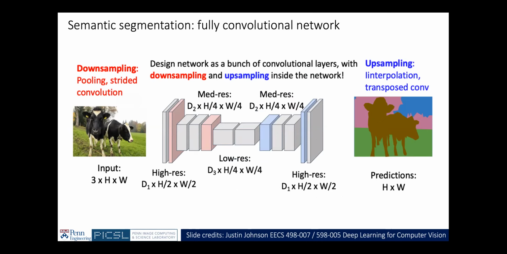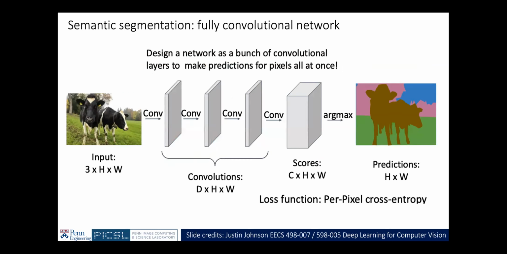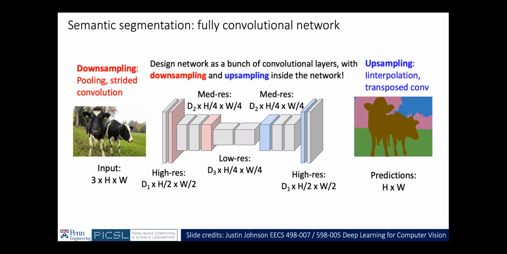That way you reduce the number of computations required when compared to just using plain convolution layers. So essentially, this is what we are going to do. Every architecture from here onwards is going to be this autoencoder, where you have an input and your output is what you are interested in.